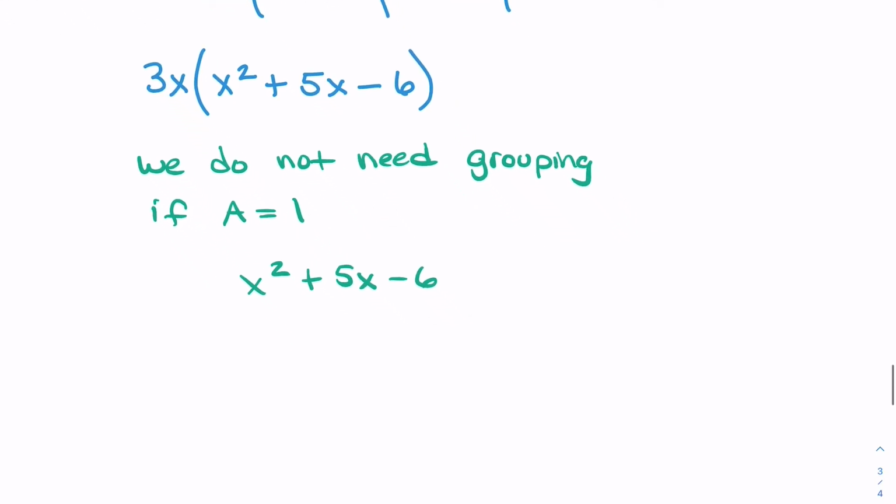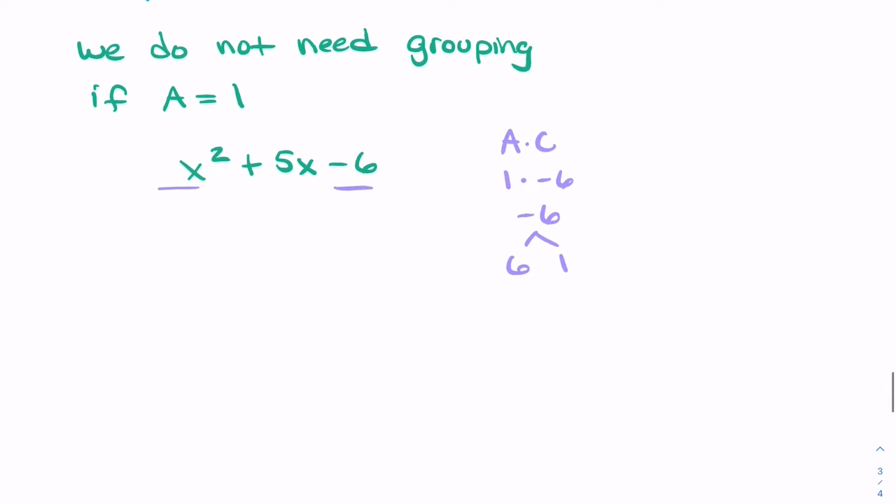If we do a times c, we do 1 times -6. So we get -6. Well, the factors of -6 that add up to 5 are going to be 6 and 1. All right, 6 and 1. So if you notice 6 and 1, I can do x squared plus 6x minus x minus 6, and I factor out an x, and I get x plus 6.